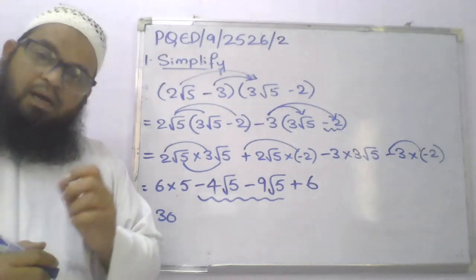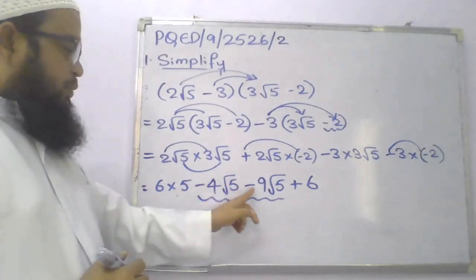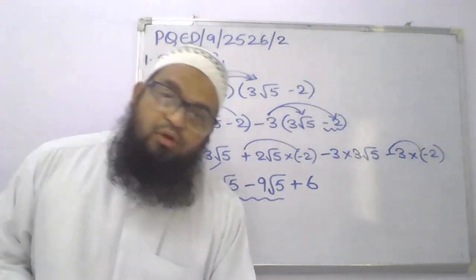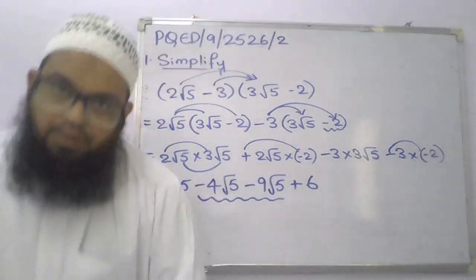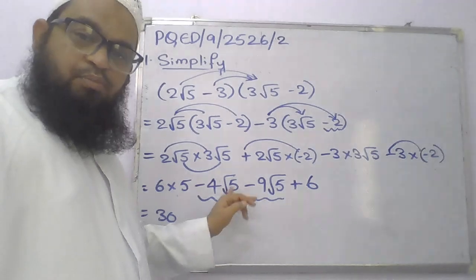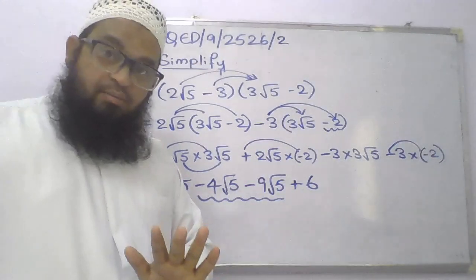So you can simplify or operate. When both are negative, what are we supposed to do? When both are negative, we have to add and keep the common sign. So 4 birds plus 9 birds is equal to 13 birds.